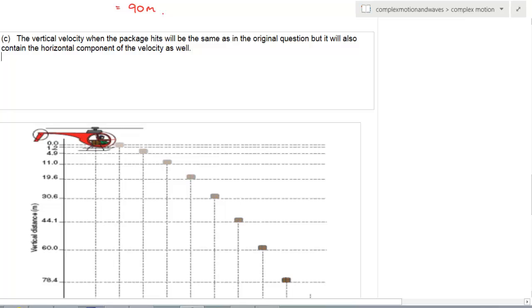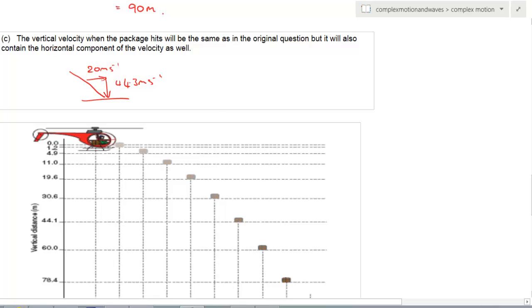The velocity when the package hits the ground in the vertical direction will still be the same, so it'll still be 44.3 metres per second. However, you're still going to have that horizontal component of velocity. So what happens is when it hits the ground, it's hitting at an angle, and that means that it's going to have a vertical component of velocity, which was 44.3 metres per second, and it's also going to have a horizontal component of velocity, which was 20 metres per second.